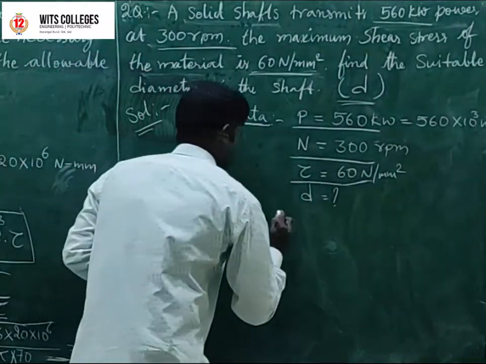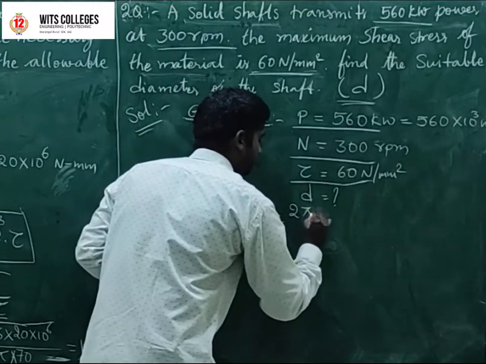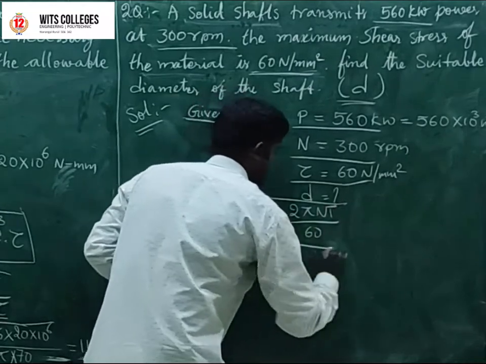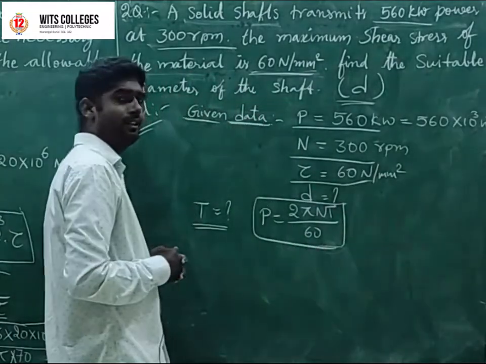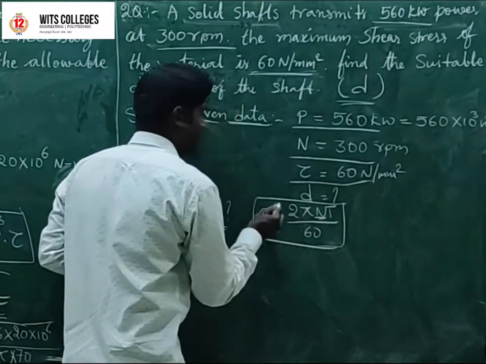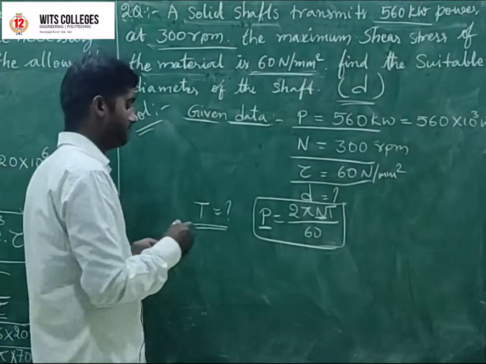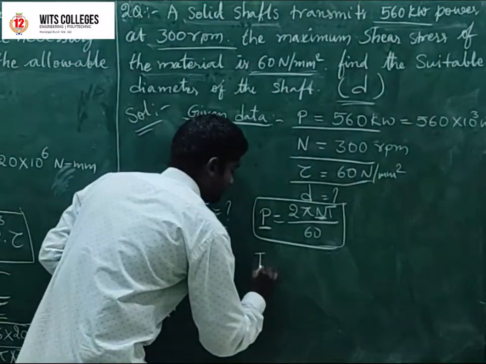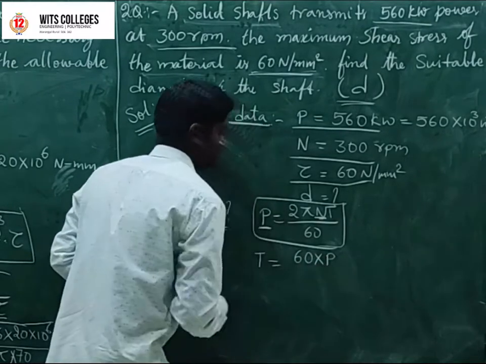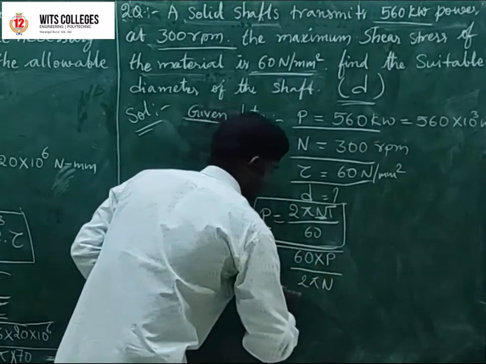Let's use the power formula: P is equal to 2 pi N T by 60. Why am I using this power formula? Because in this question we have P value and N value. That's why, using this power formula, T is equal to 60 into P by 2 pi N. This is the torque.